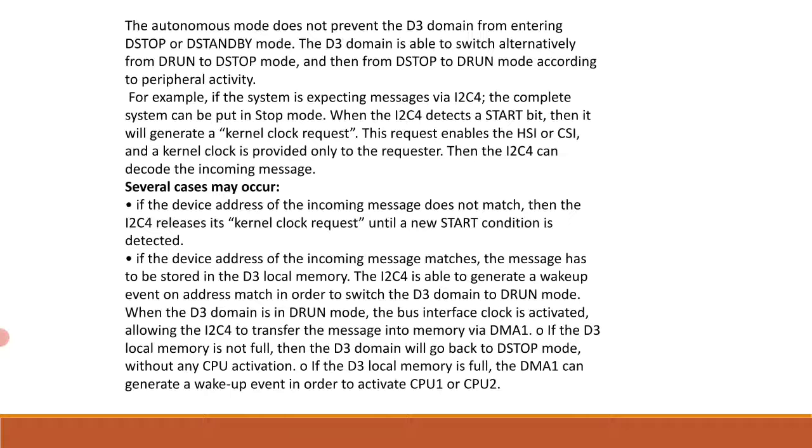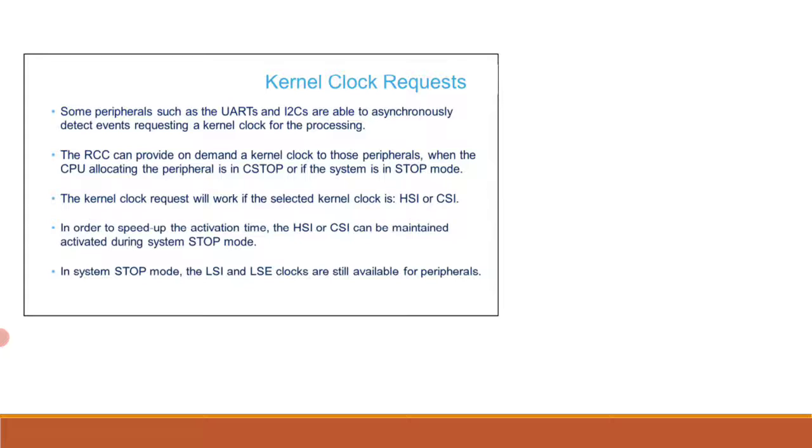CPU1 or CPU2. So certain peripherals such as UART and I2C are able to asynchronously detect events requesting a kernel clock for the processing. The RCC can provide on demand a kernel clock to those peripherals when the CPU allocating the peripherals is in C-stop mode or if the system is in stop mode.